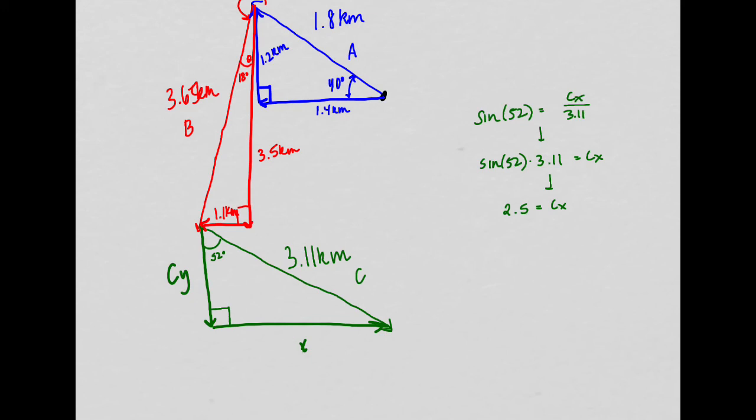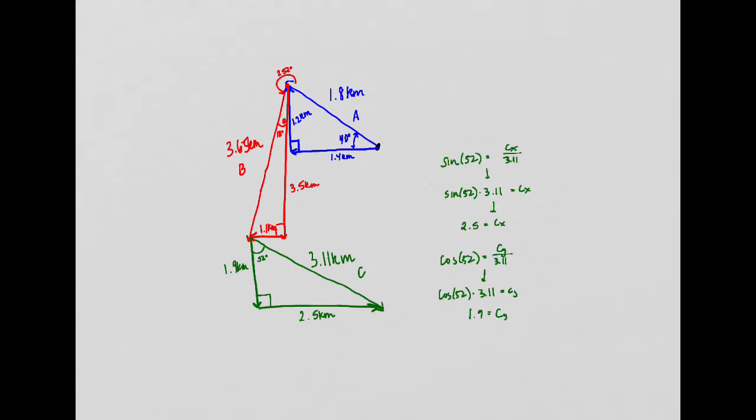And now I can use cosine to solve for Cy. So cosine of 52 equals adjacent, which is Cy, divided by hypotenuse. Rearrange. Cosine of 52 times 3.11 equals Cy. Plug that into my calculator, and I have 1.9 is Cy. Okay, guys, we are literally almost done.